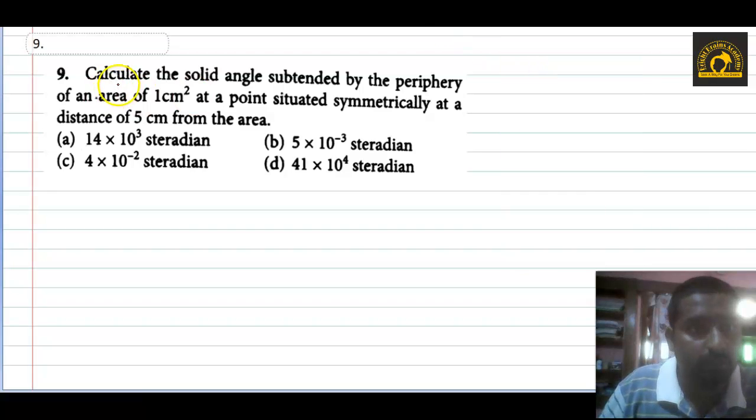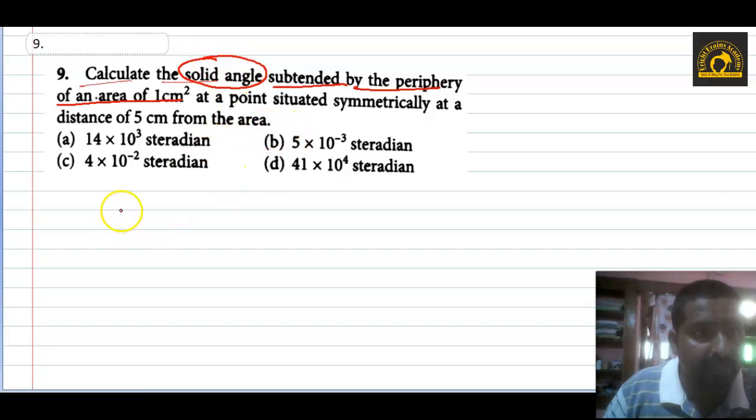Okay, next one. Calculate the solid angle subtended by the periphery area of 1 centimeter square. So solid angle means, let's take this is the solid angle.